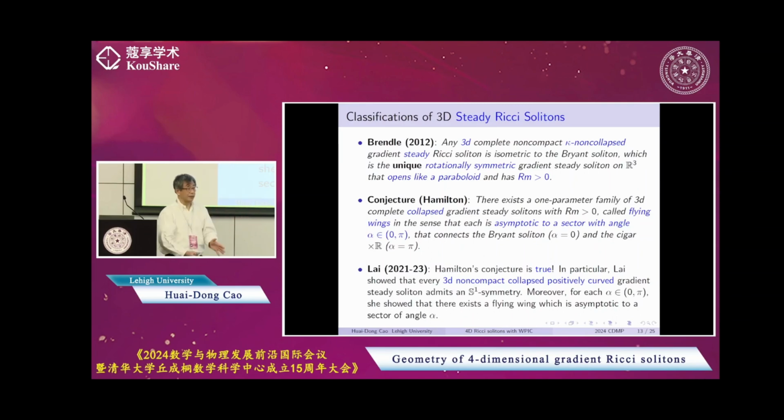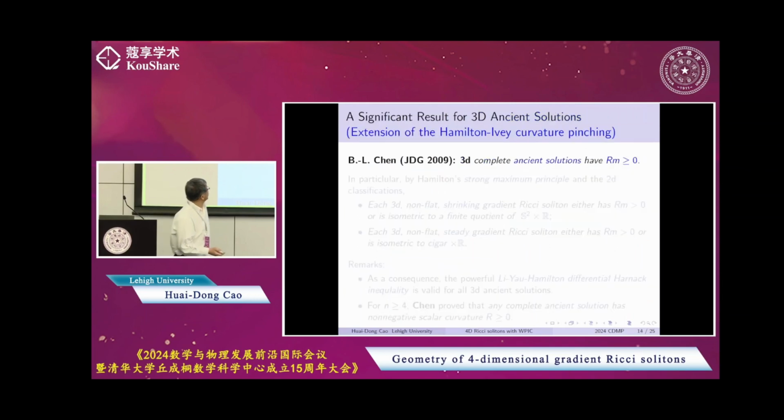And so I have to say, all these works in 3 dimensions use Binglong Chen's result, which is a kind of extension of the famous Hamilton pinching, which is a magic thing in 3 dimensions. So Binglong showed, in his JDG 2009 paper, that any 3D complete, whether non-compact or compact, ancient solution has non-negative sectional curvature.